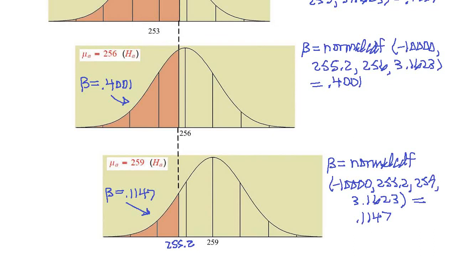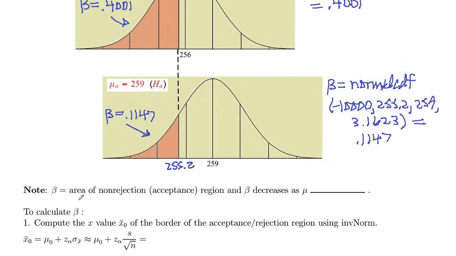Now notice here that the area of the non-rejection region, or the acceptance region, that beta decreases here as mu increases. So note that the probability of a type 2 error decreases as the actual value of the mean increases. So our mean increased from 253 to 256 to 259, and we saw beta go down each time, 0.7, 0.4, 0.1.